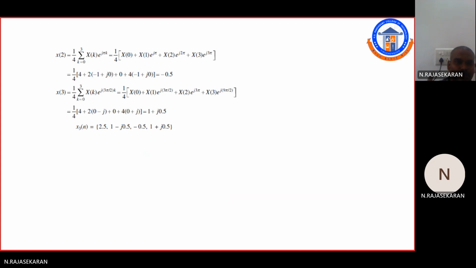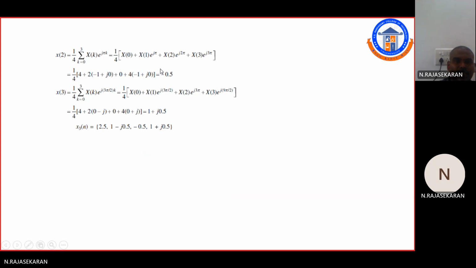So now you have to consider only a few things. What is the value of e power j pi, e power j2 pi, and e power j3 pi, and also pi by 2, 3 by 2, 5 by 2. These answers are very important to substitute for the given values. Okay. See here, e power j pi means minus 1 plus j0.